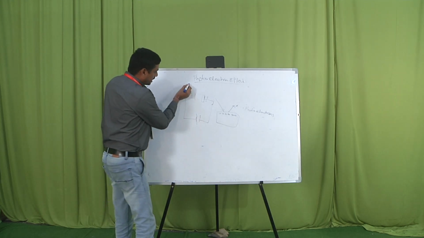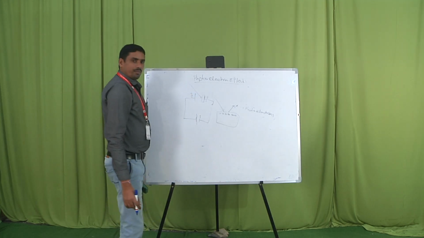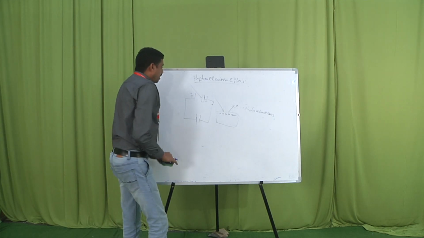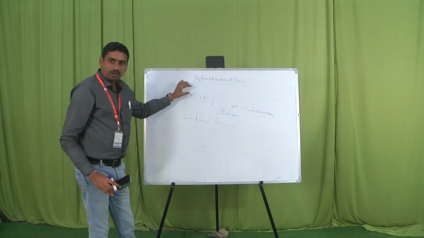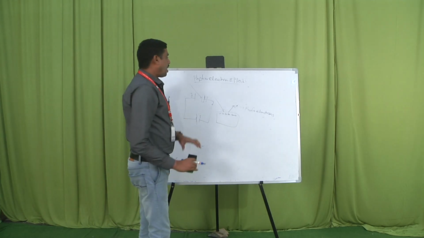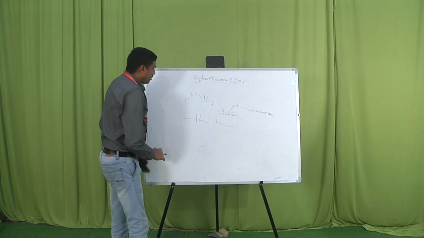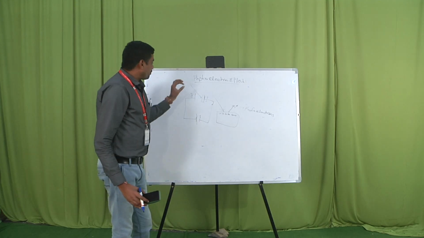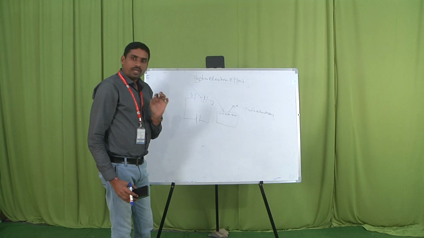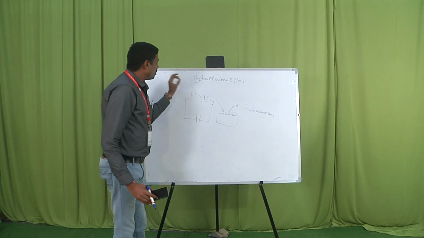When light is incident on the metal surface of the sample, the frequency is called the threshold frequency. What is threshold frequency? The minimum frequency needed to eject the electrons is called the threshold frequency.